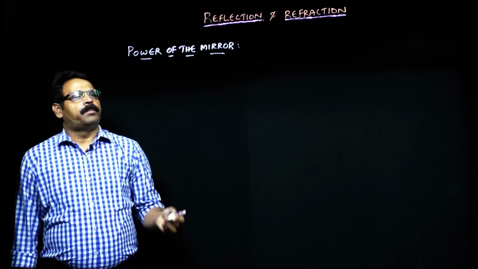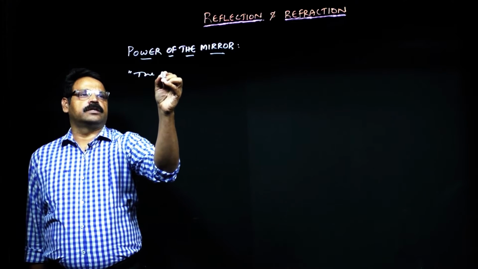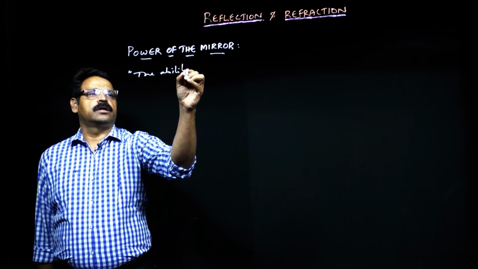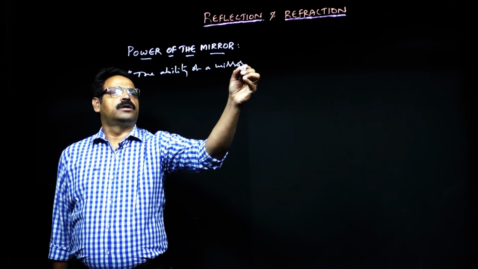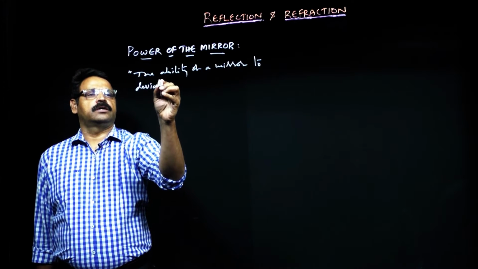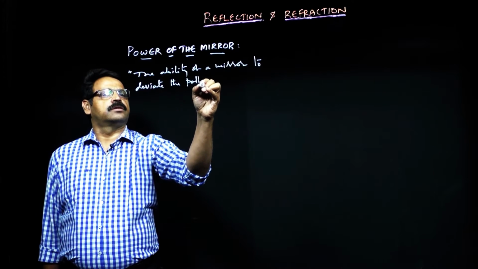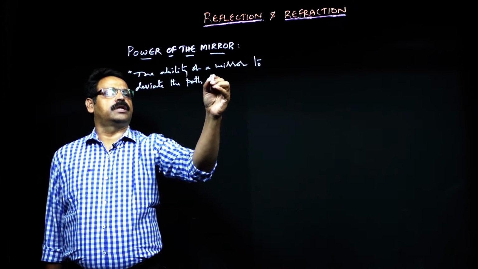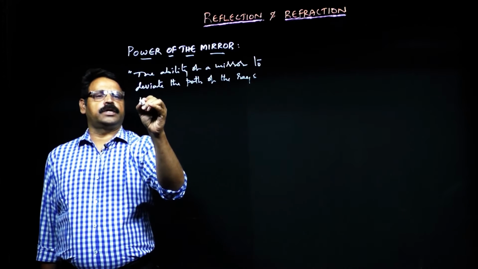See here, power of the mirror can be defined as the ability of a mirror to deviate the path of the rays incident on it.